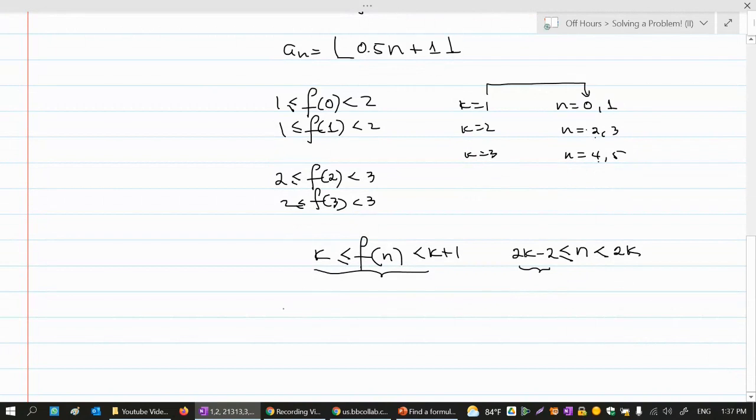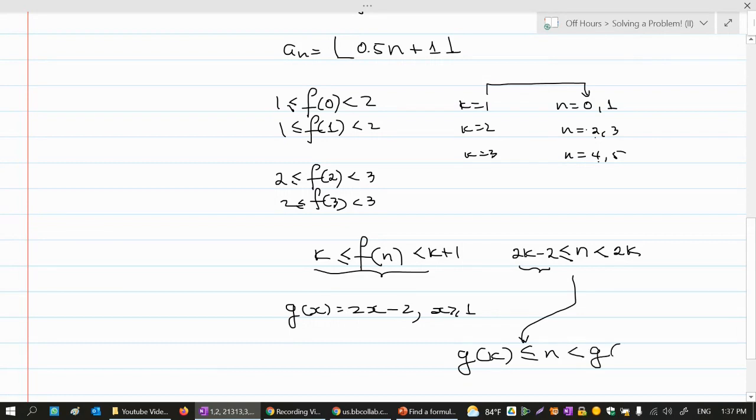We define the function g of x equals 2x minus 2, defined for all real numbers x greater than or equal to 1. Then we can rewrite this expression in the following way: g evaluated at k is less than or equal to n, and this is less than g evaluated at k plus 1.